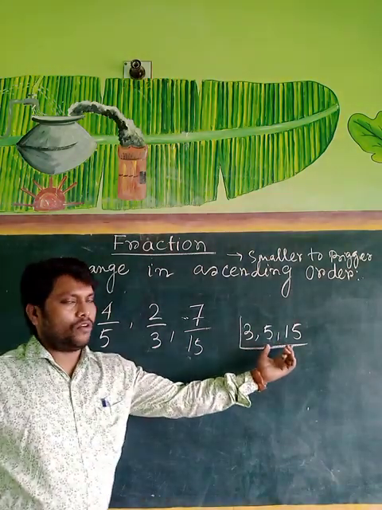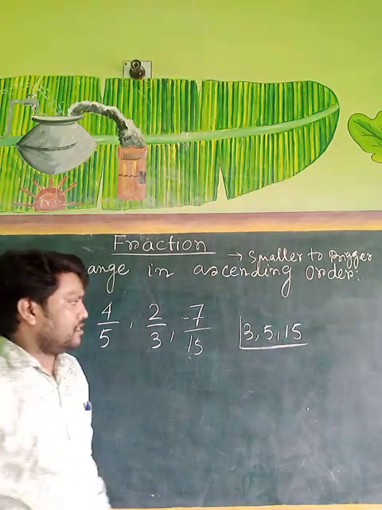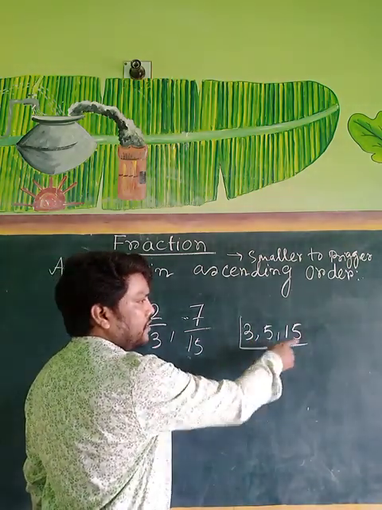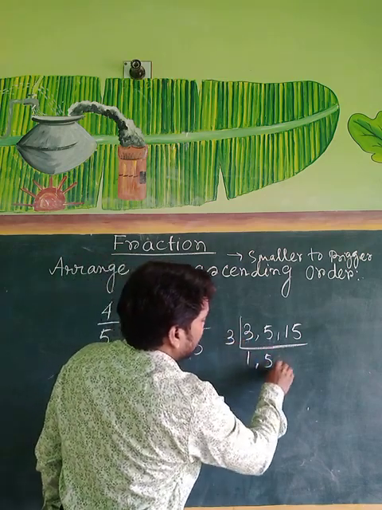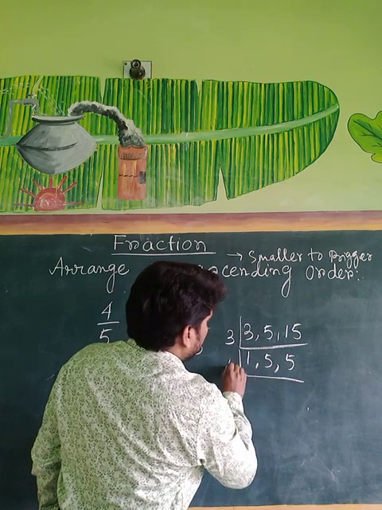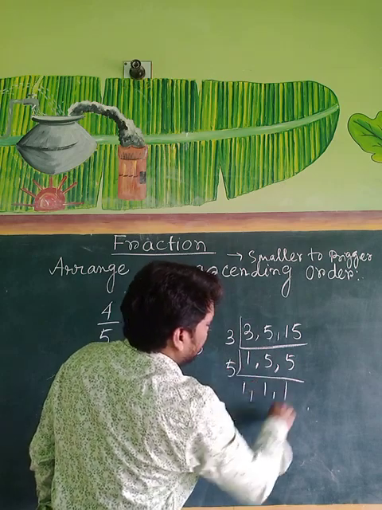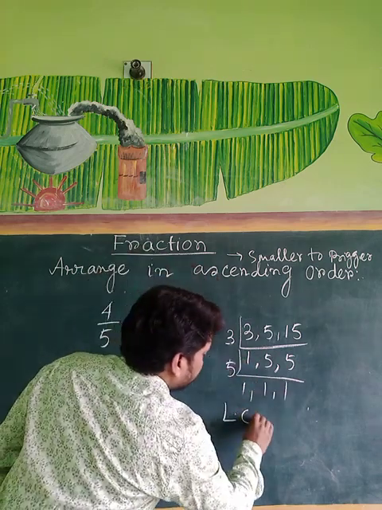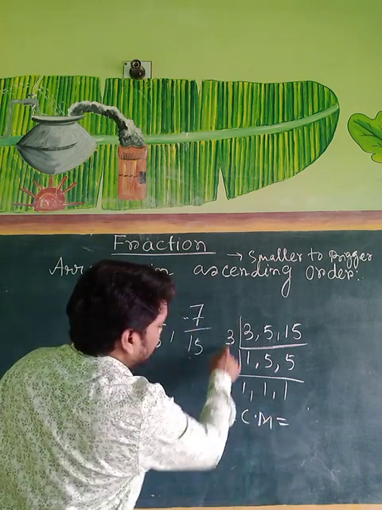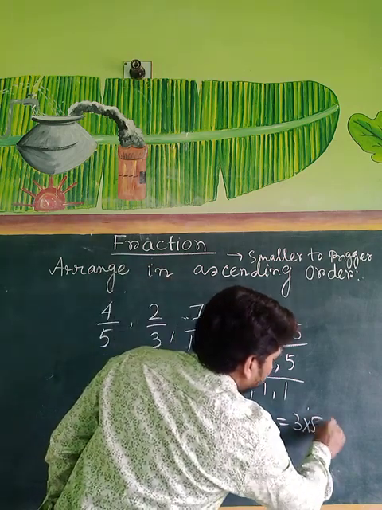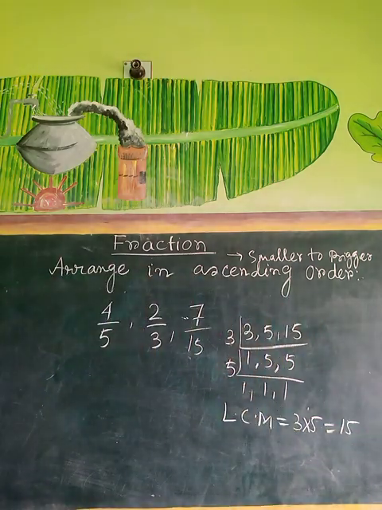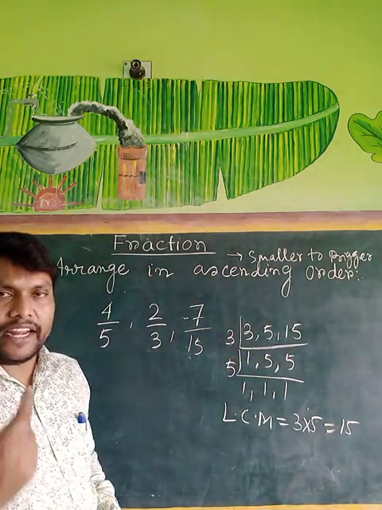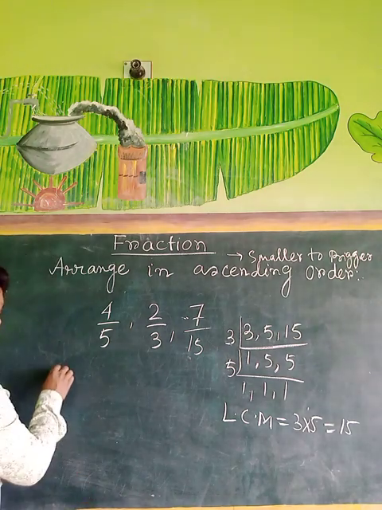Now these are not all prime numbers. They are composite numbers and they have a common factor. So factorize: 3 1s are 3, 3 5s are 15. Next, 5 1s are 5, 5 1s are 5. What will be the LCM? The LCM will be the product of the factors 3 into 5, and there is 1. So 15. Okay.